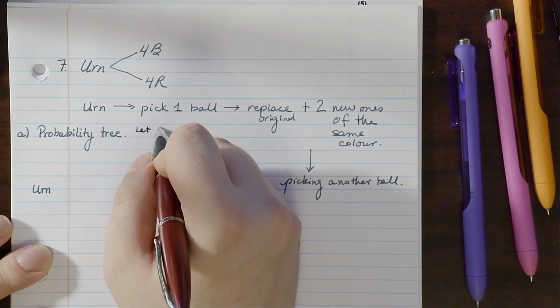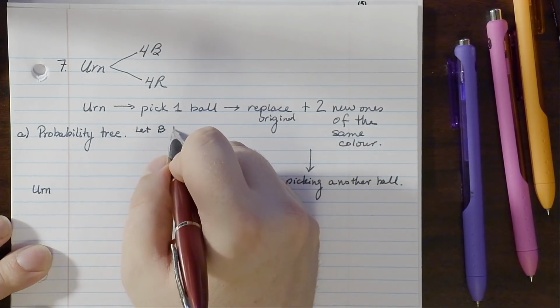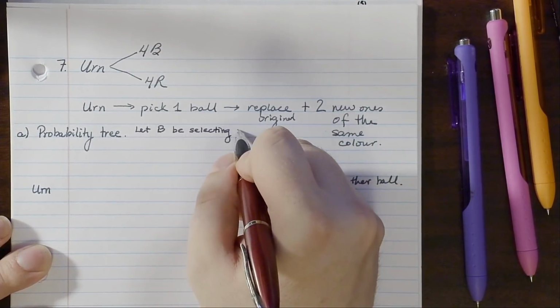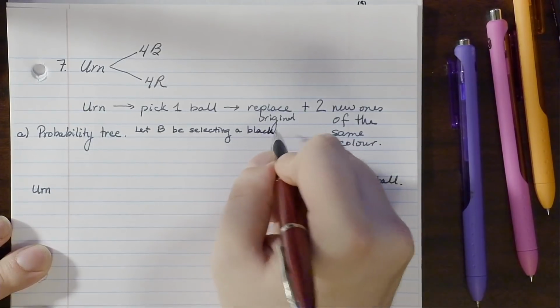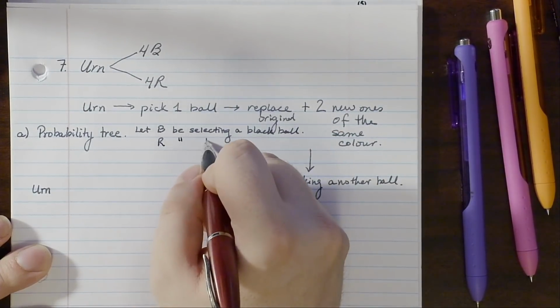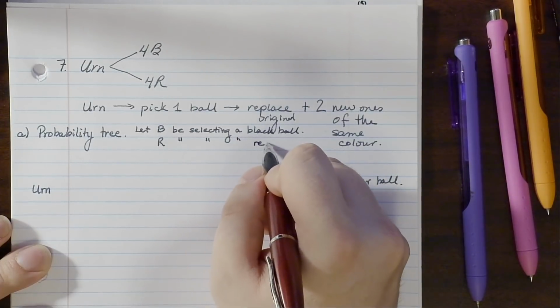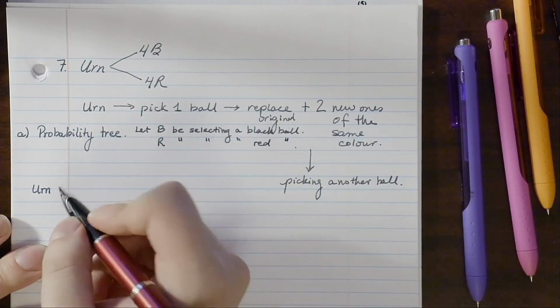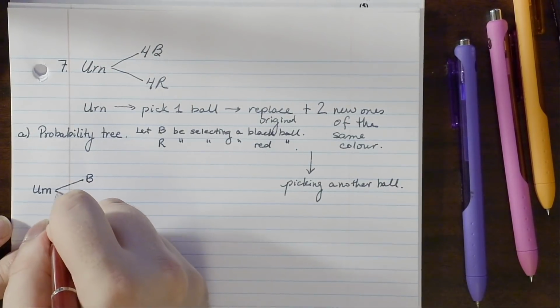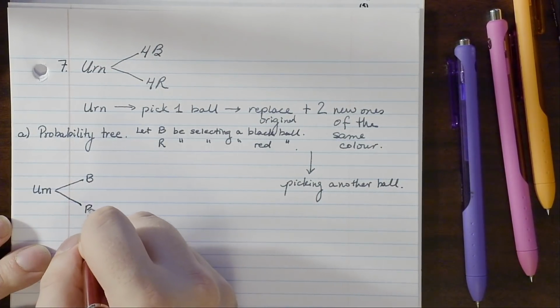Let B be selecting a black ball, and R be selecting a red ball. Good. So I can select a black ball, or I can select a red ball.